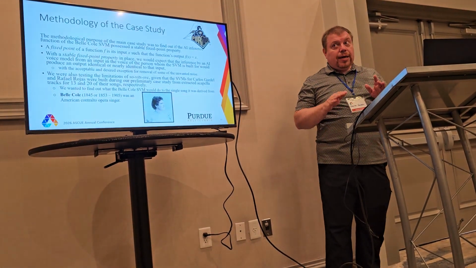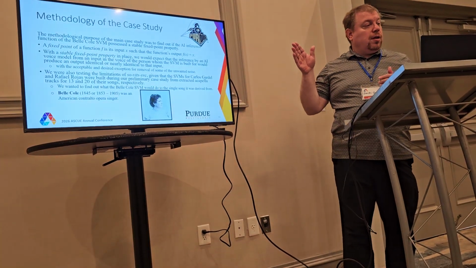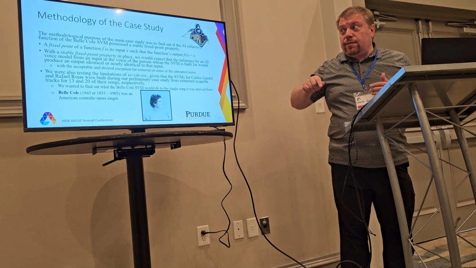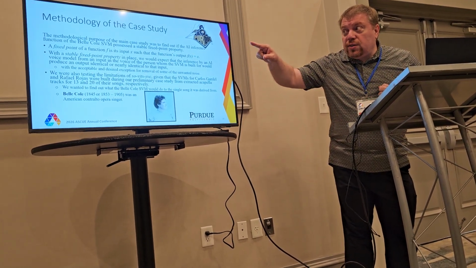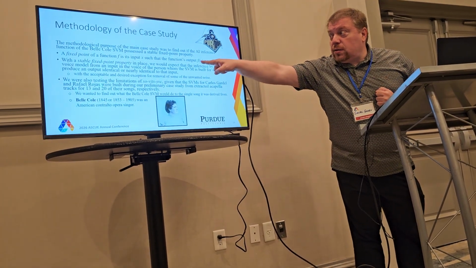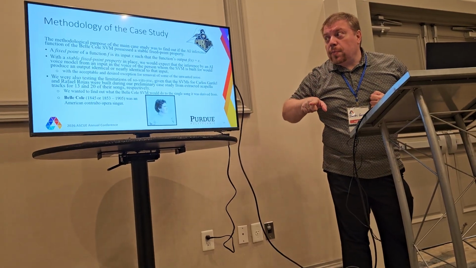The fixed point is a term from algebra, from functions. It's a function, like the AI inference function in our case. And the fixed point is the one where f of x, the result of applying the function to some input, will give you x itself.